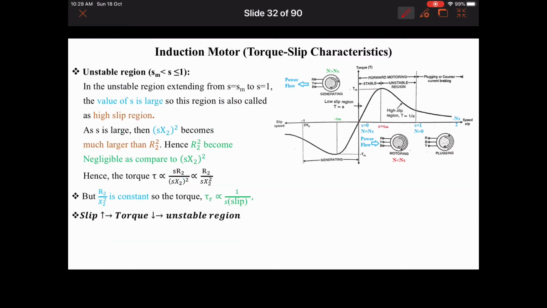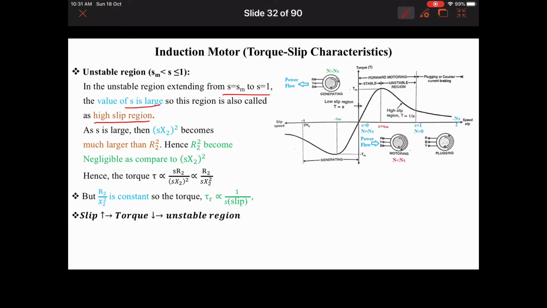Now the second region is the unstable region. In the unstable region, the slip is varying from sm to 1. As the value of s is large, this region is also called the high slip region. As s is large, s x2 whole square becomes much larger than r2 square. Hence, r2 square becomes negligible as compared to s x2 whole square.